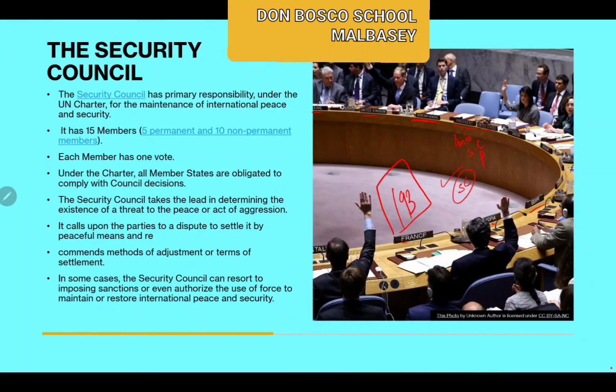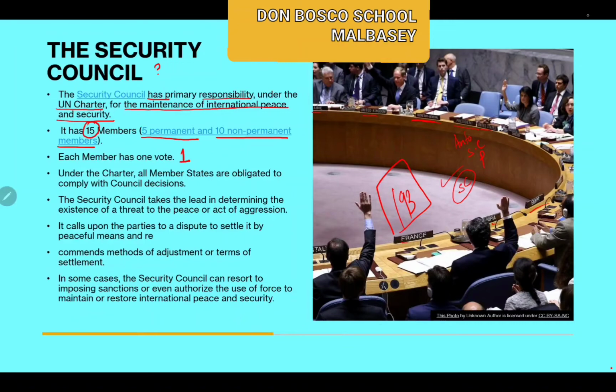In the Security Council, let's understand what it is responsible for. The Security Council has a primary responsibility under the UN Charter for the maintenance of international peace and security in the world. It has 15 members, 5 permanent members and 10 non-permanent members. Each member has one vote.